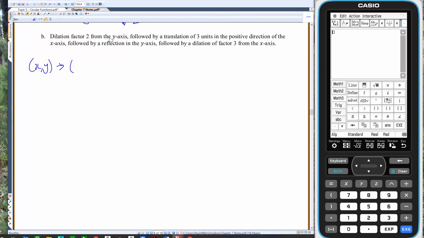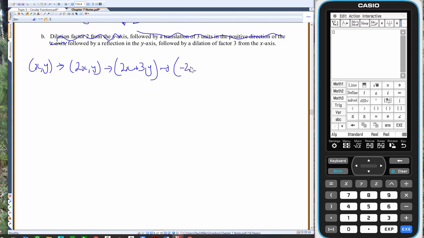So dilation factor 2 from the y-axis changes the x values, followed by translation 3 units in the positive direction of the x-axis. Followed by a reflection in the y-axis. Reflections in the y-axis change x, so it negates whatever's going on there.